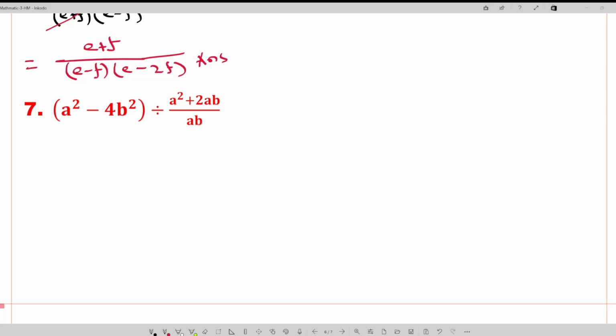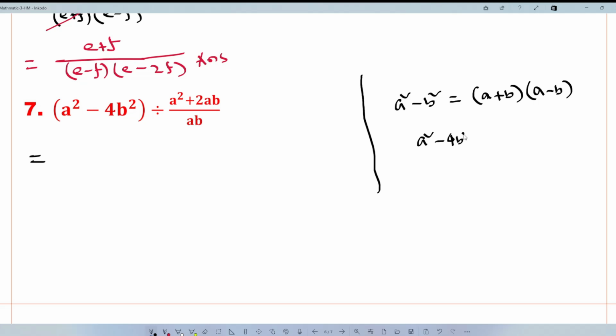Number 7. Here is a square minus 4b square divide a square plus 2ab divide ab. So this one we can write, here is a square minus 4b square. Look, we know a square minus b square equals a plus b times a minus b. Here is a square minus 4b square.